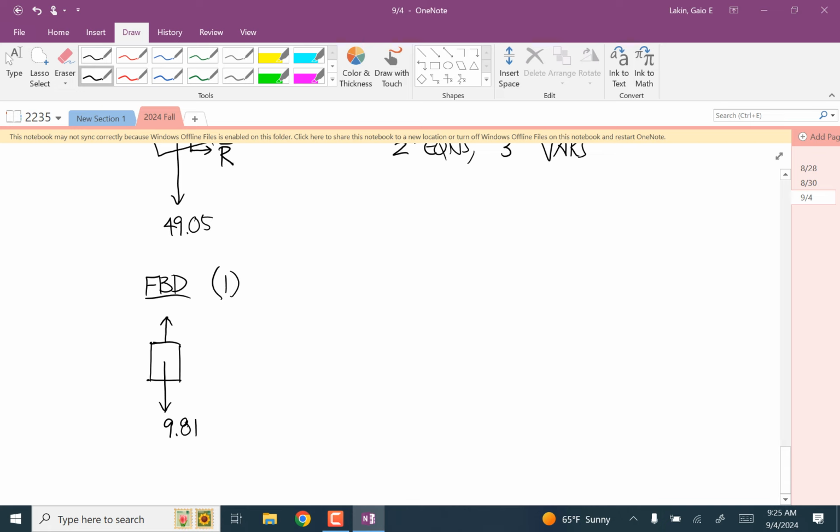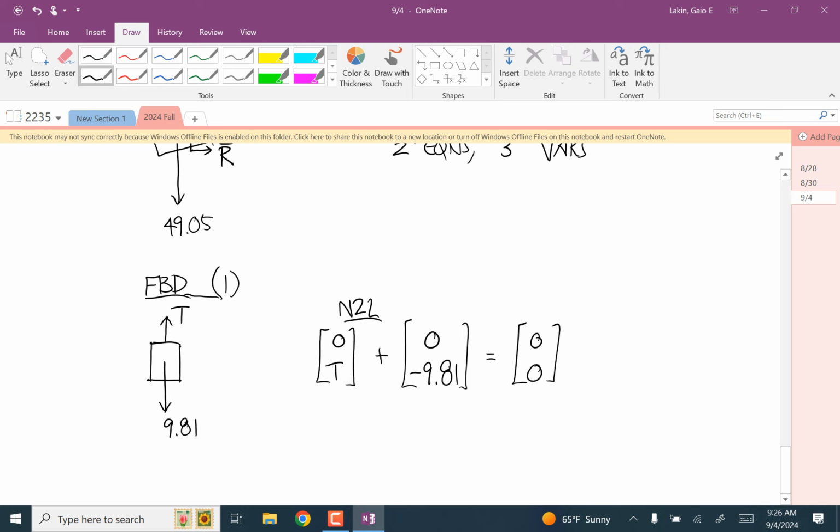It's the same cable as in the other one, so this is T. We're assuming that there's no friction or mass on the pulley and no mass on the cable. And so Newton's second law for this says 0, positive T plus 0, negative 9.81 is equal to 0, 0.